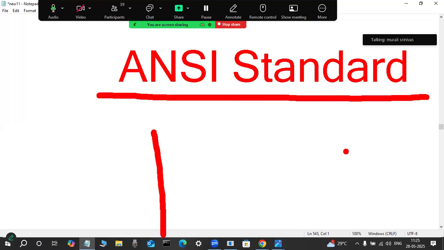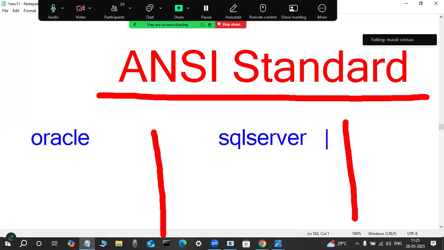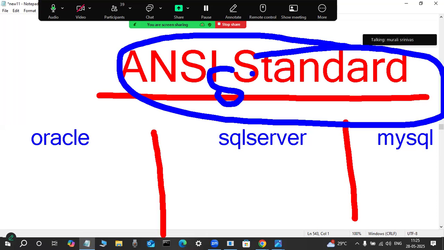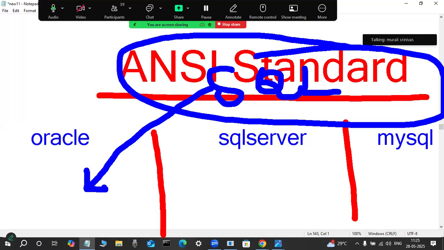But in demo classes, anybody attending, I told so many times: here Oracle is there, here SQL Server is there, and now here MySQL, DB2, Sybase, all these database software are there. From this ANSI standard SQL language, Oracle Corporation created their own SQL language. Today onwards, we are starting that language, Oracle SQL, in our class.